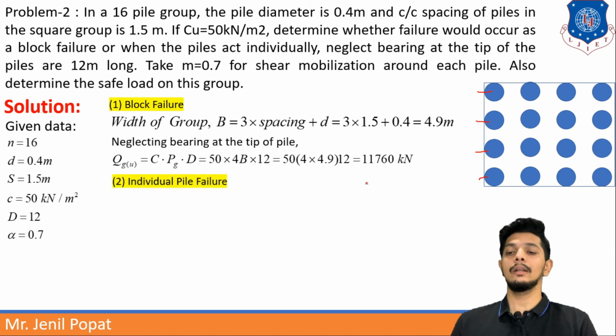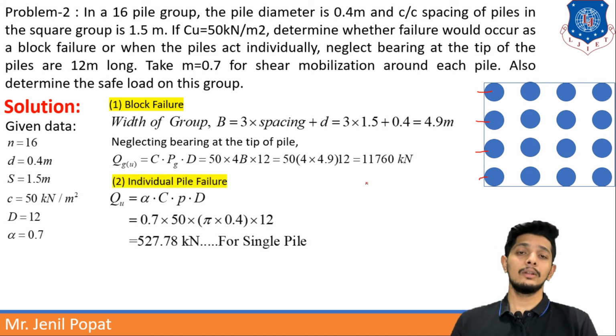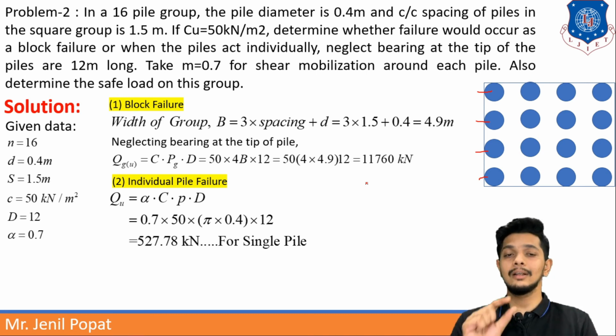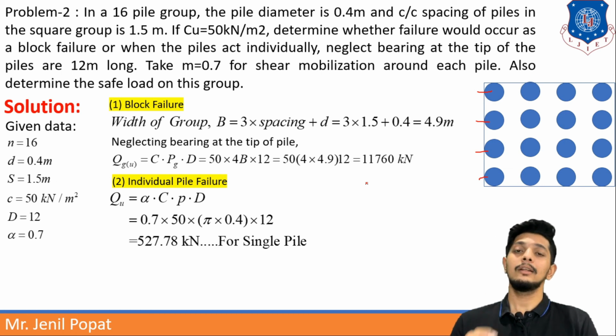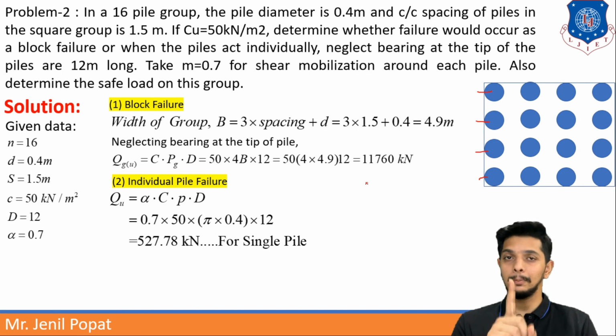So let us calculate individual pile failure. For this case, we also have to neglect end bearing, or at the tip of the pile there is no resistance. Let us move to Qu. For an individual pile, we have to take all individual properties. Do remember that. Alpha into C into P into D. Now alpha is given as 0.7, C is given as 50, P is the perimeter of one pile only.